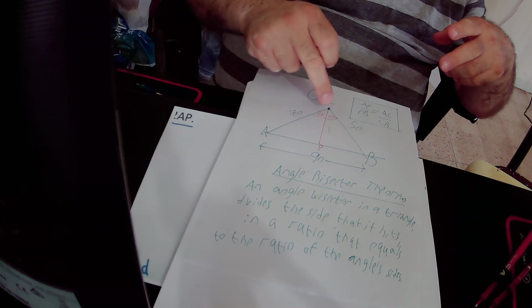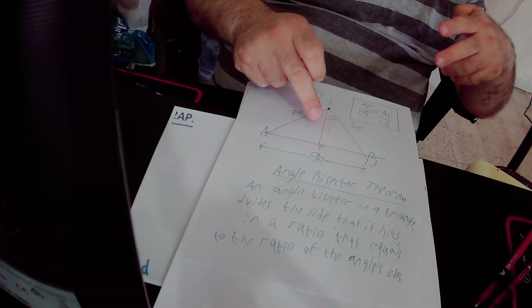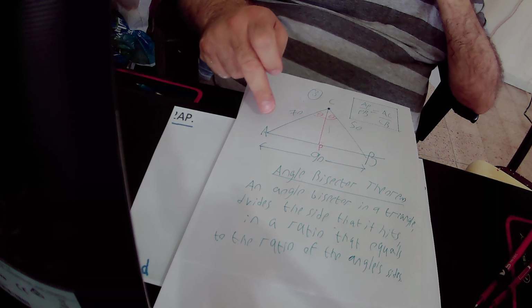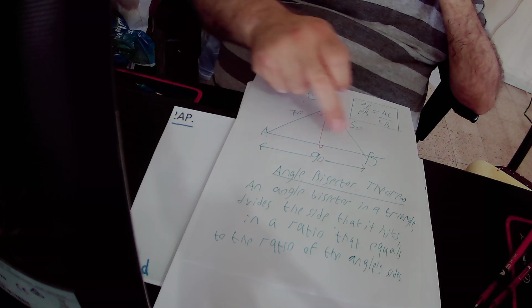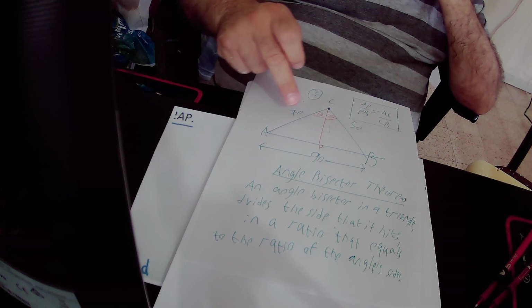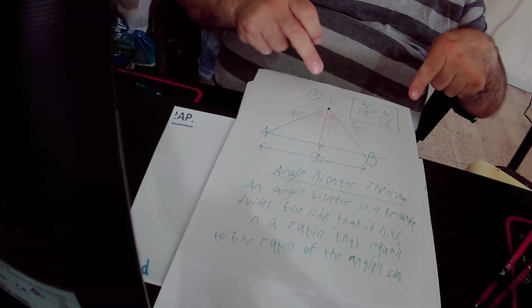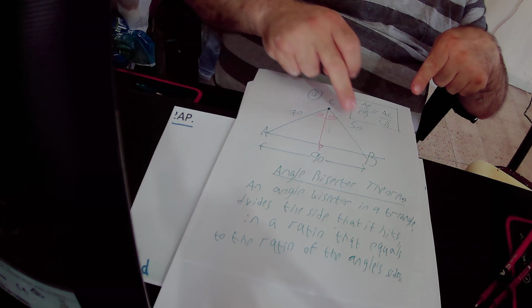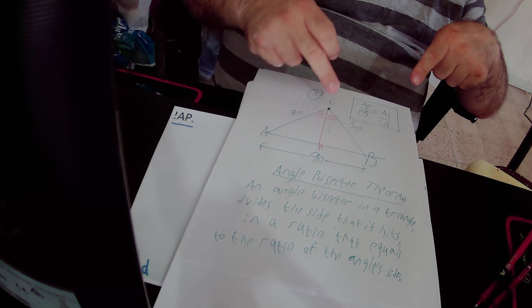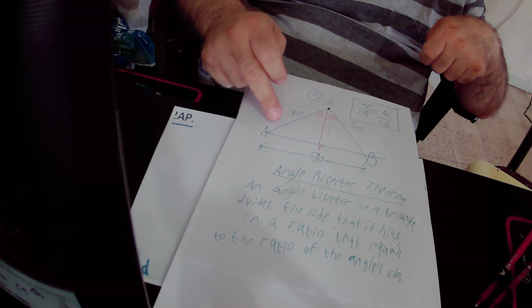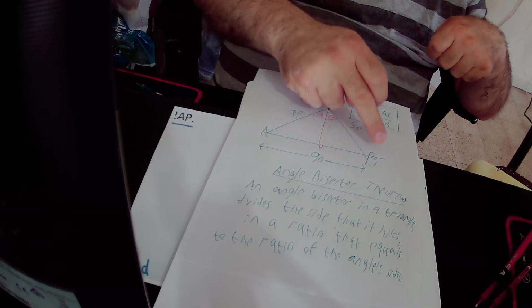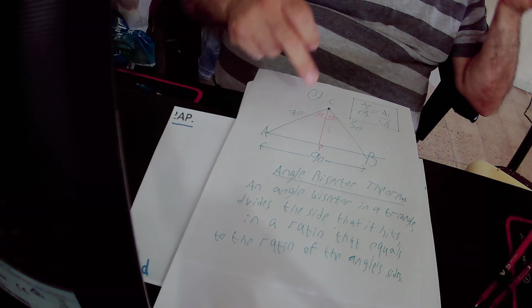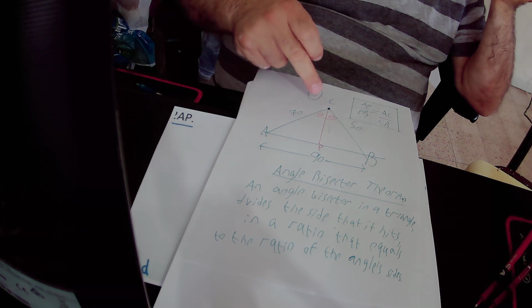The ratio in which the angle bisector CP divides side AB of the triangle equals the ratio of the sides of the angle that is divided into two equal parts. This angle is angle ACB, and the ratio between its sides is AC over CB.